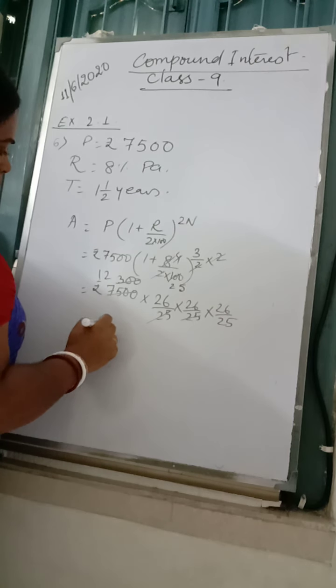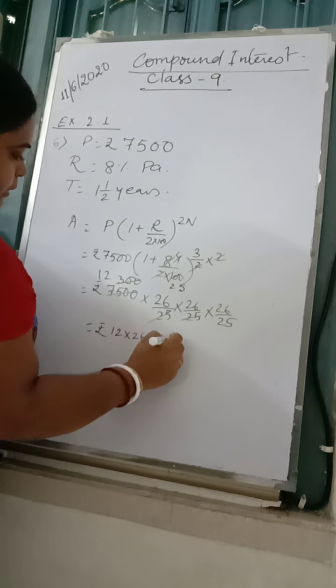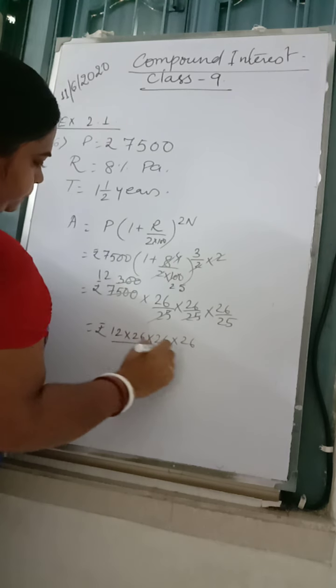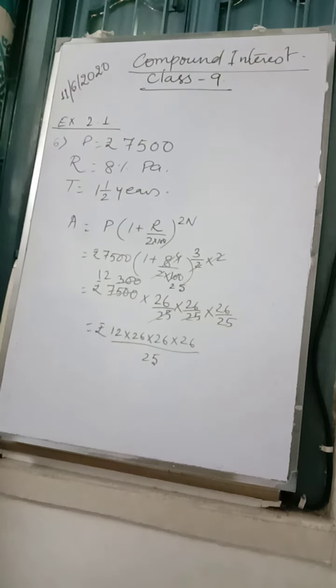Now you have amount 12 into 26 into 26 into 26 by 25. This one you will solve. What does it give you as the answer, and then we will subtract the principal. You will have the compound interest.